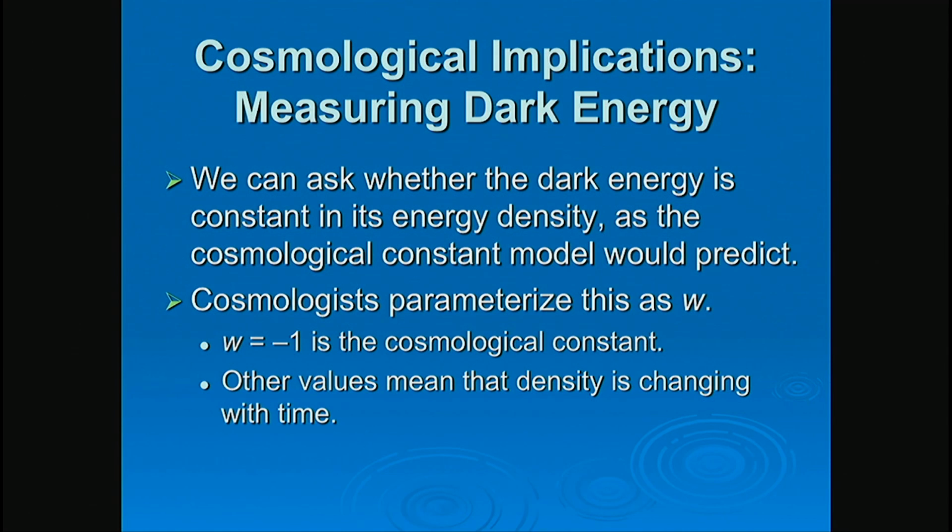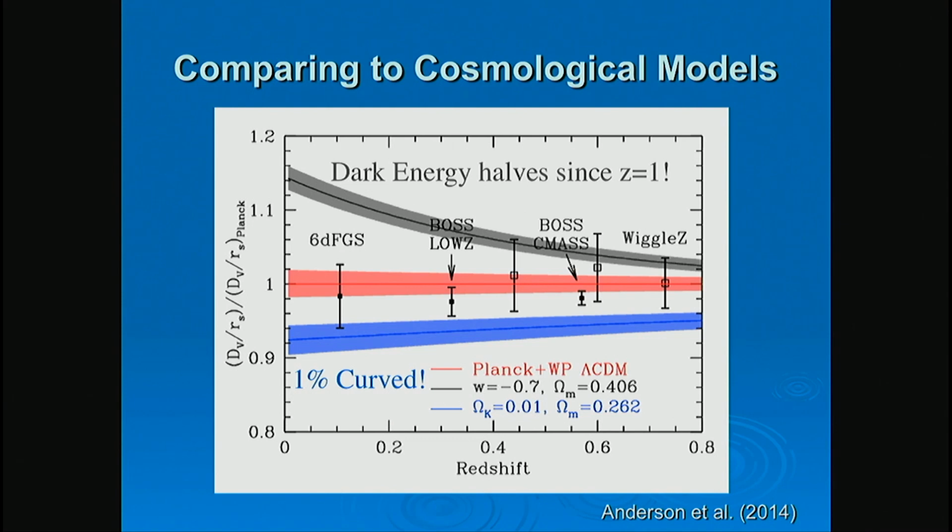We typically parameterize this by W. So W equal to -1 is the cosmological constant, and values other than -1 mean that this density is changing in time. Let's return to the previous figure, where I showed you the red region and our data. But now let's imagine altering these hypotheses. We're going to take the predictions of the CMB, but instead of saying that the universe is flat, we're going to say that the universe has a 1% curvature.